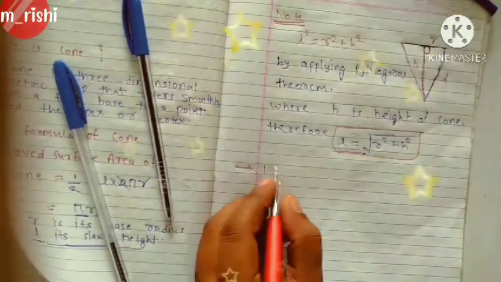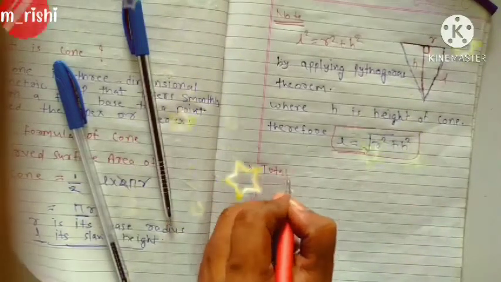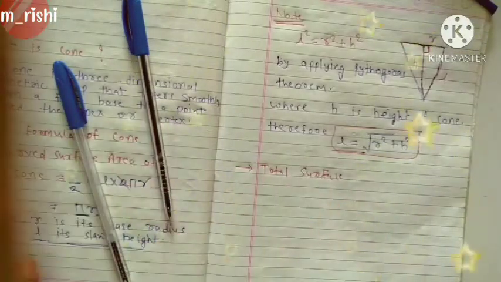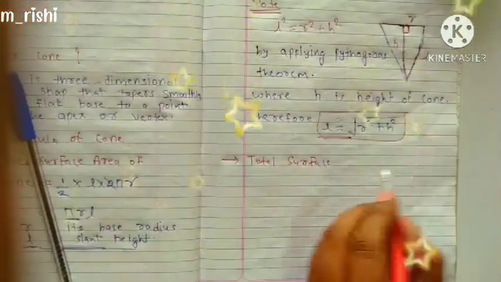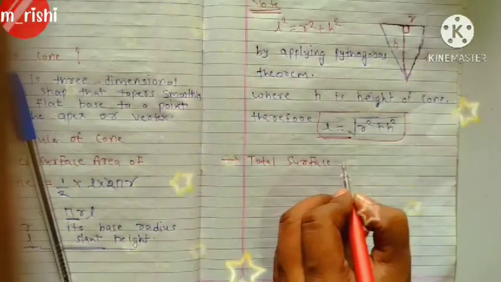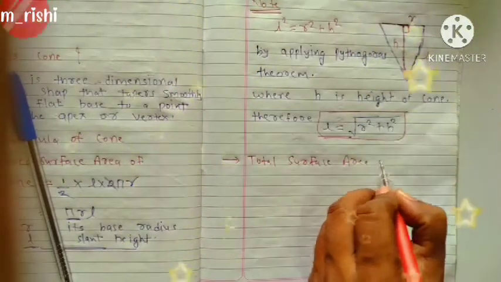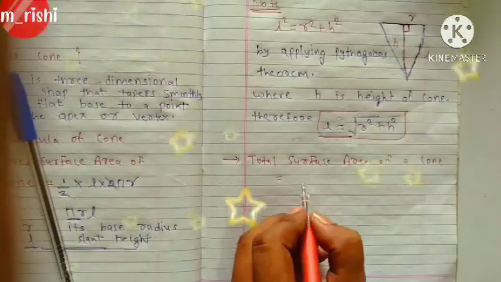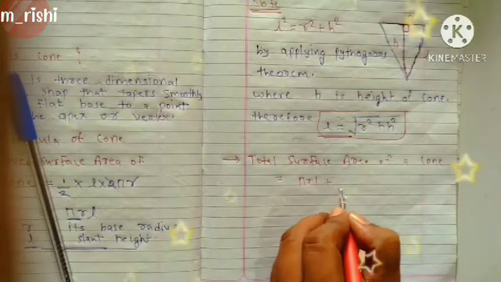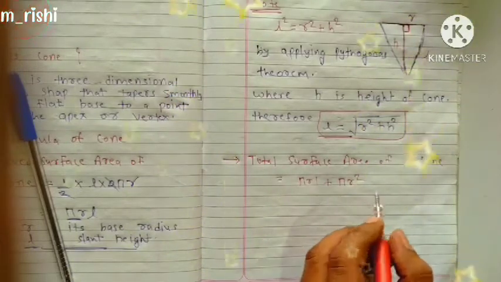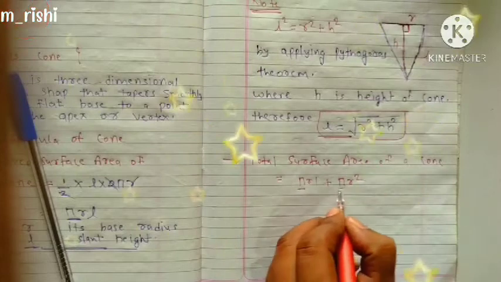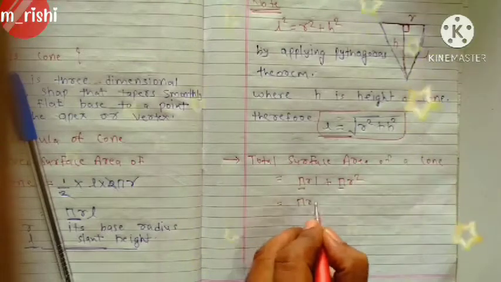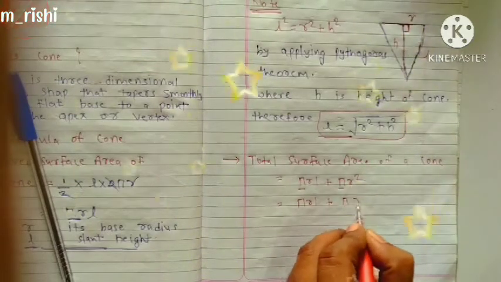Now next is the total surface area of a cone. The total surface area of a cone is pi r L plus pi r square.